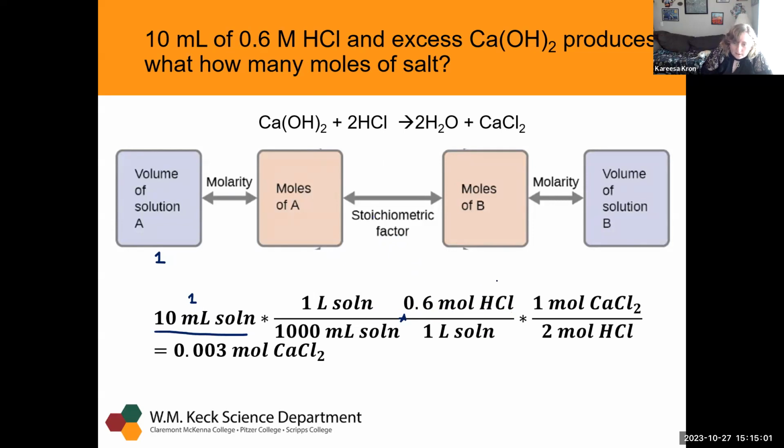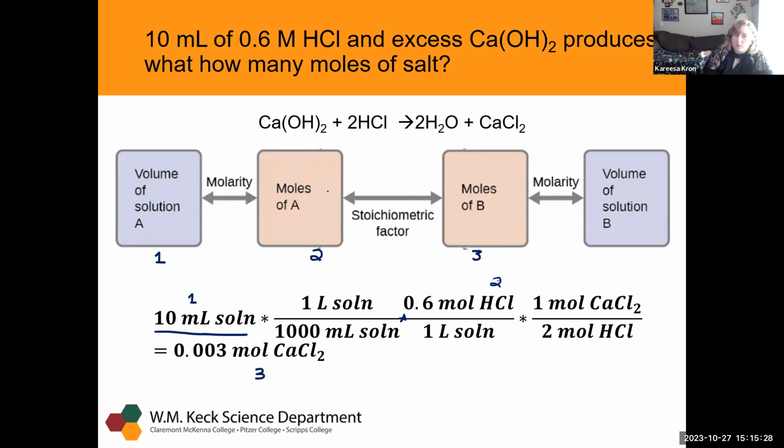So here I'm at 2, and this is step 2, I multiply by the stoichiometric factor, and I get 1 mole of calcium chloride for every 2 moles of HCl, which I derive from this balanced chemical equation. And that tells me the moles of salt, 3, where I want to go.